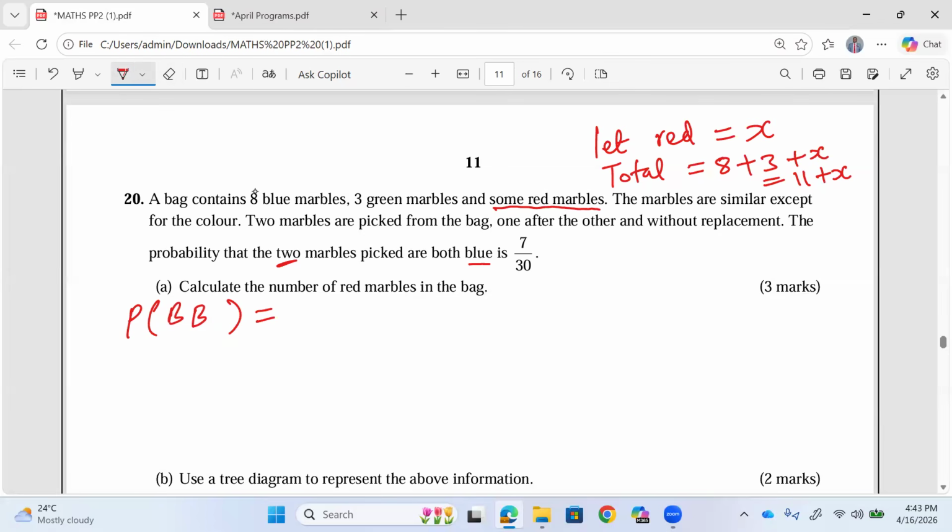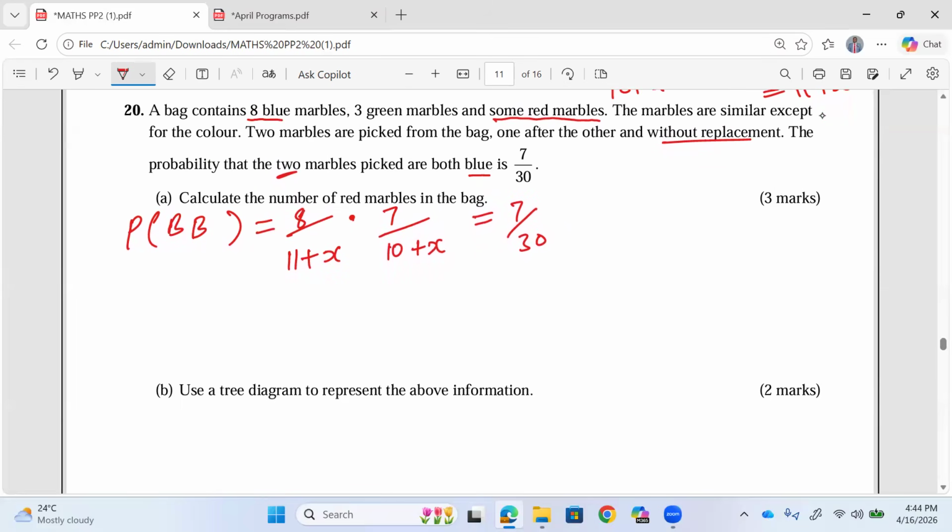It means picking the first blue, the probability is 8 out of the exact total. Then multiplied by picking blue for the second time, which is now 7, because we have already picked and we are not replacing, 7 out of the new total. We subtract 1 from the total here. So 10 plus x.